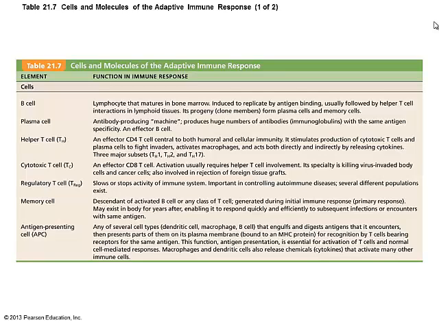Some of these guys play a dual role, right? B cells, plasma cells, helper T cells, cytotoxic T cells. We have a couple of other guys in there called regulatory T cells, memory cells. Those are the guys that are going to be able to be on board to fight quicker in a secondary immune response.